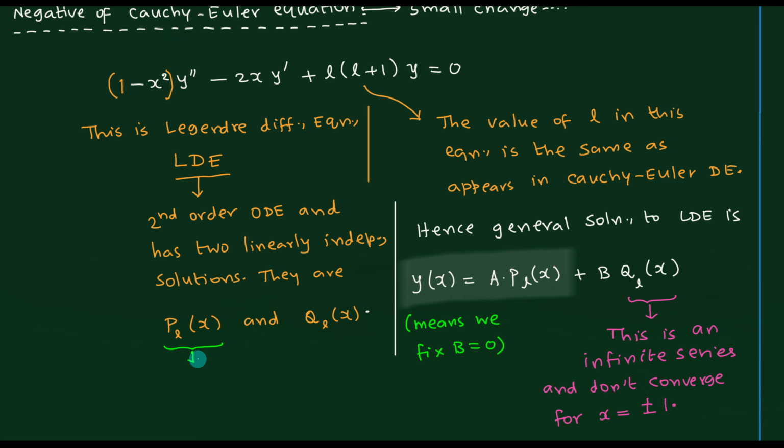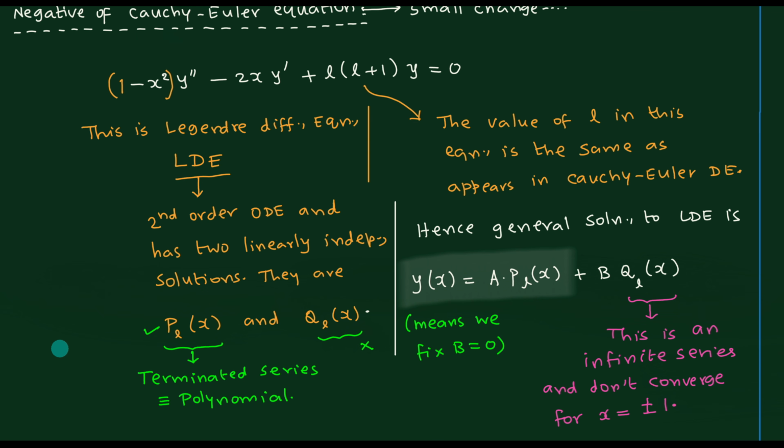So our conclusion is that PL of x is basically a polynomial. Technically, it is a terminated series. An infinite series was there, it got terminated, and that is called a polynomial. Originally it was an infinite series only, but it got terminated, that means the coefficients become 0. Whereas for QL of x, that doesn't happen.